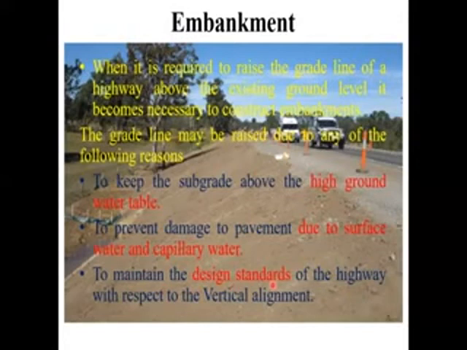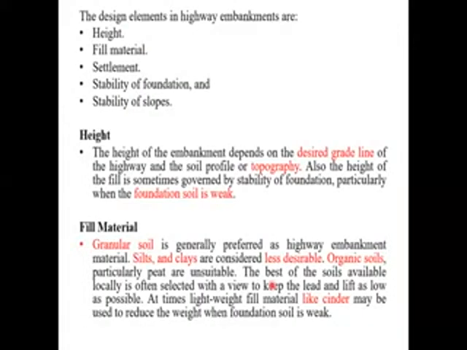Usually the silts and clays are avoided, because they are less desirable and do not have good properties to withstand the load. Also, organic soils will be avoided. Why? Organic soil helps the growth of plants, which you should avoid in a highway.